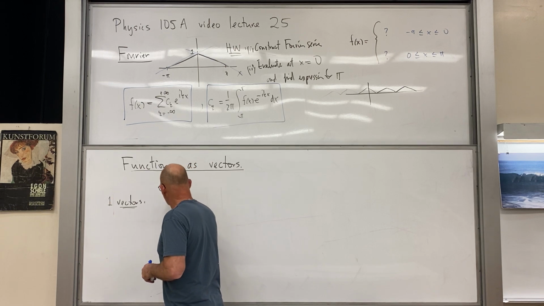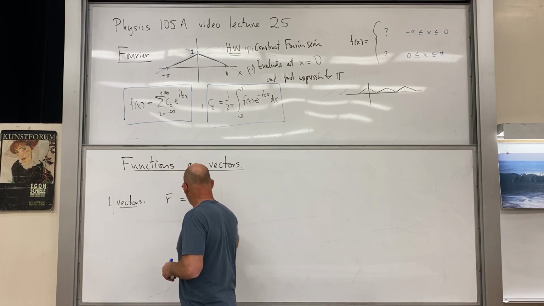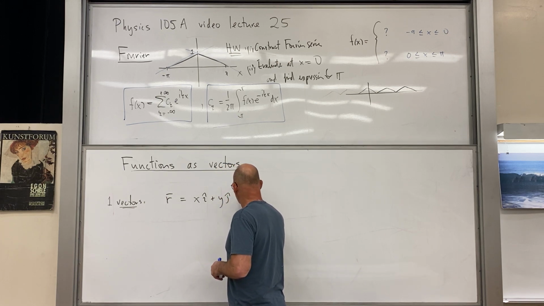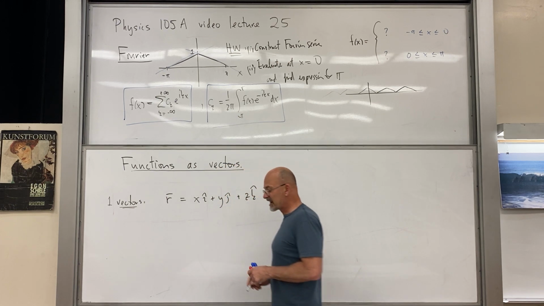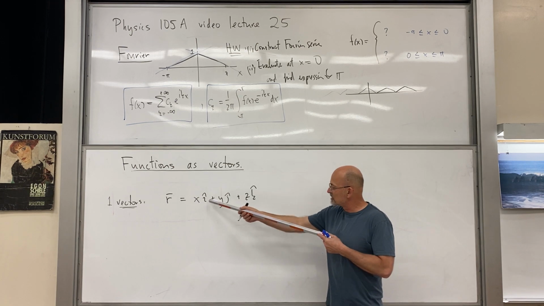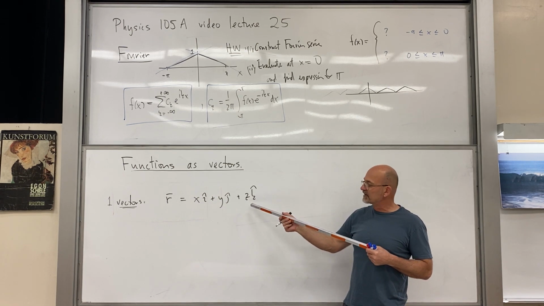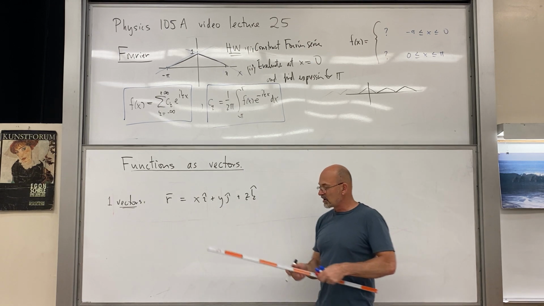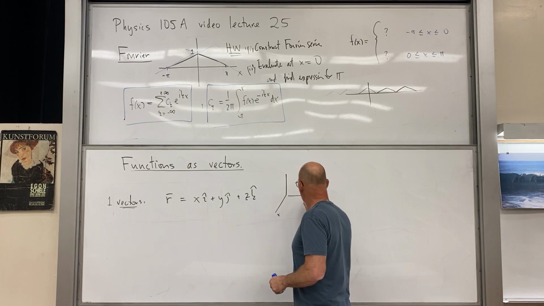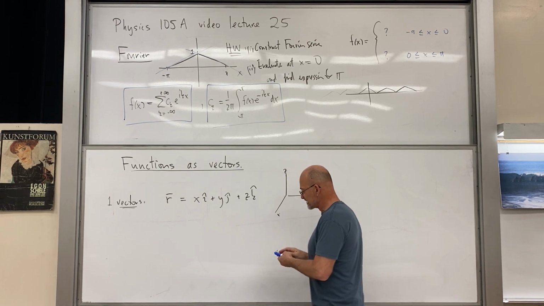So we have R equals X i hat plus Y j hat plus Z k hat, and we say that these are the X, Y, and Z components respectively of this vector R in free space, X, Y, and Z axis.